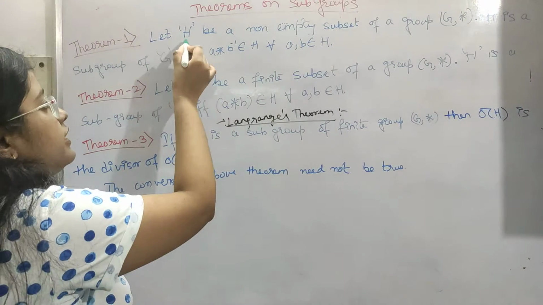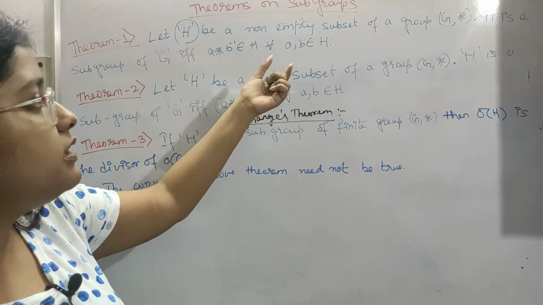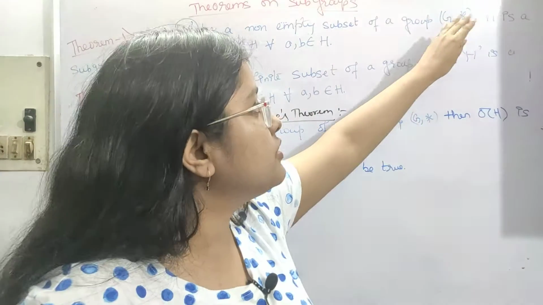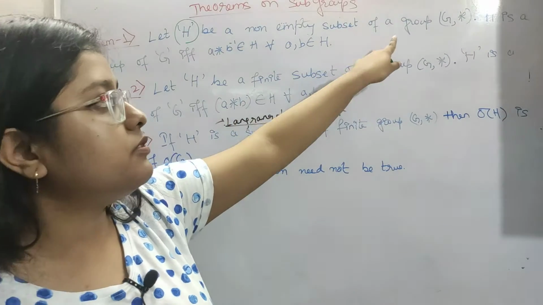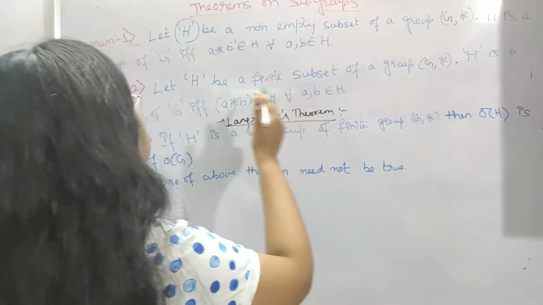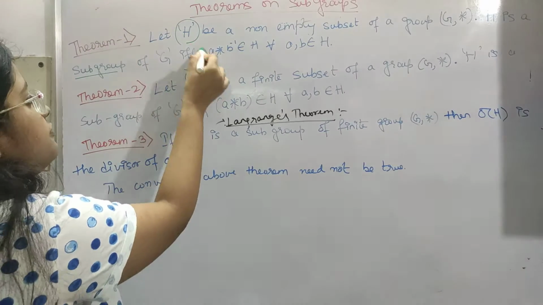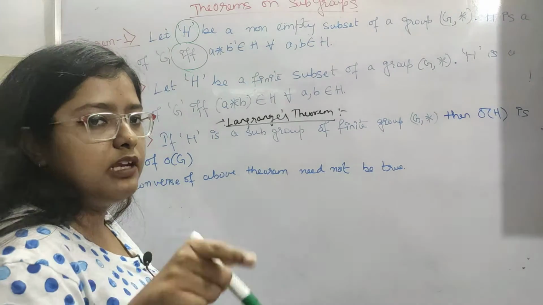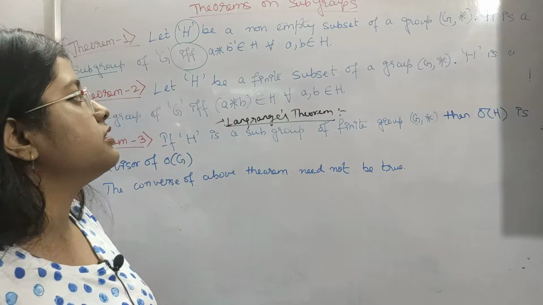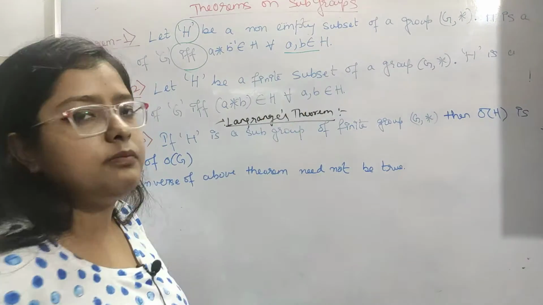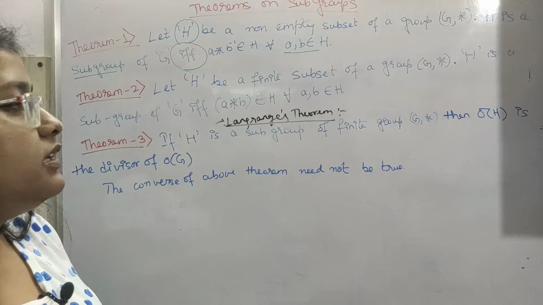Okay, so let H be a non-empty subset of a group. The group G star is given, and H is a non-empty subset of the group. Then H is a subgroup of G if and only if A star B inverse belongs to H for all A, B belonging to H. Okay, so let me read it out again.